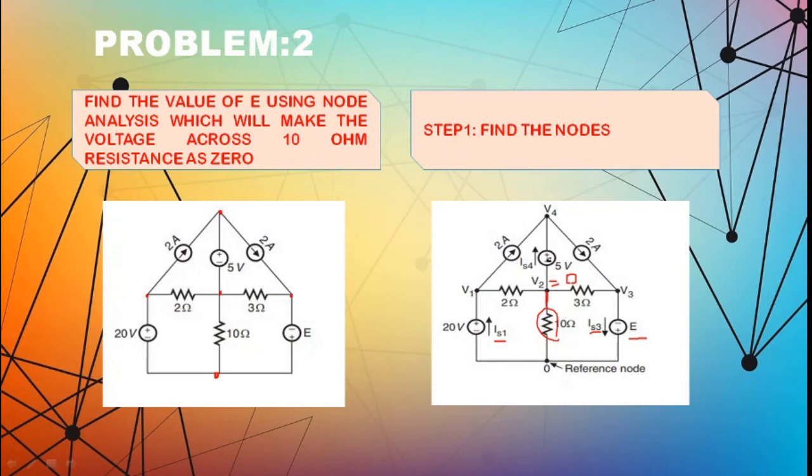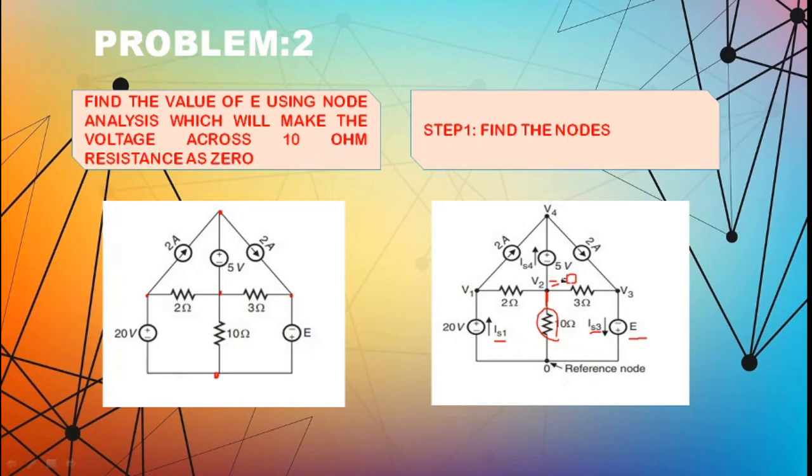If I consider 5 volt, I have two nodes through which the 5 volt is considered. The positive is towards V4. So V4 minus V2 is equal to 5. V2 is nothing but 0, which we have established here. So V4 minus 0 is equal to 5. That is V4 is equal to 5. So we got pretty much all the voltage values.